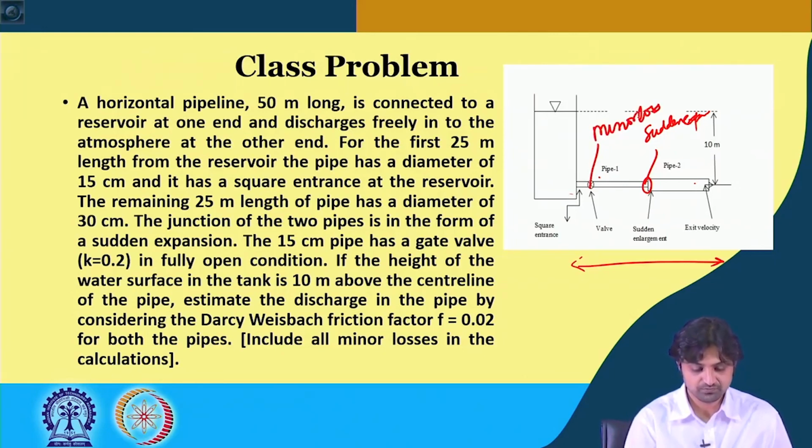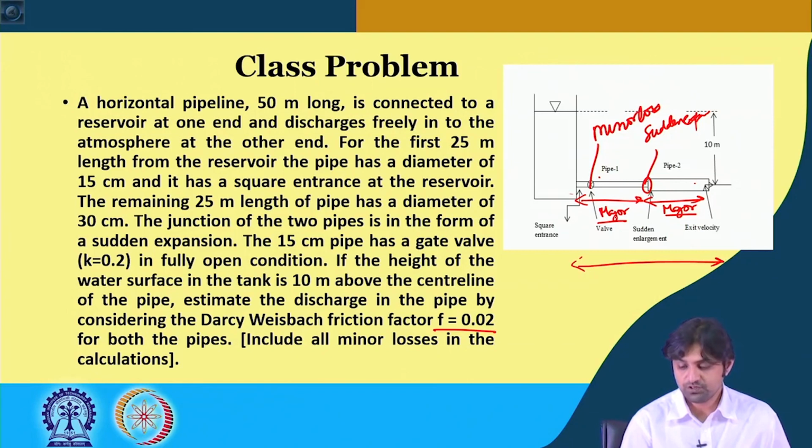If the height of the water surface in the tank is 10 meter above the center line of the pipe, estimate the discharge in the pipe by considering the Darcy-Weisbach friction factor of 0.02 for both the pipes. This is given because there will also be major losses between these two sections. So this is a complete question that involves both the major and the minor losses.